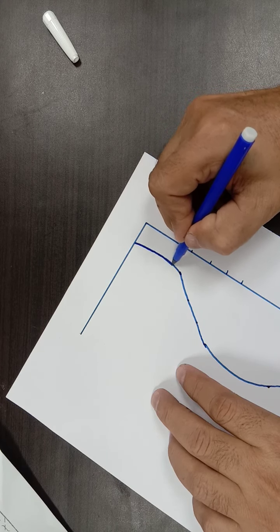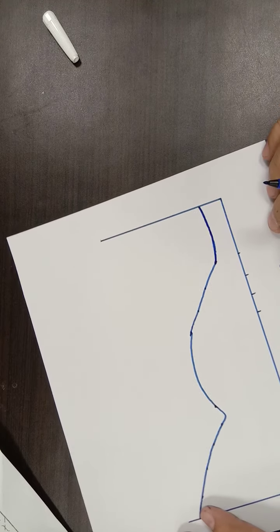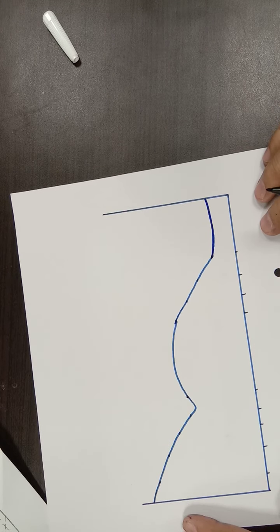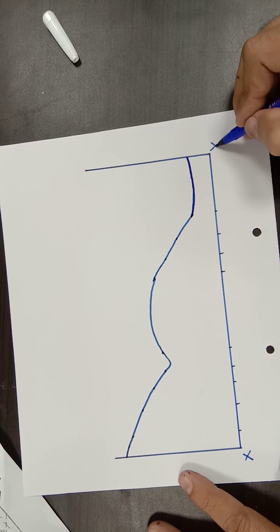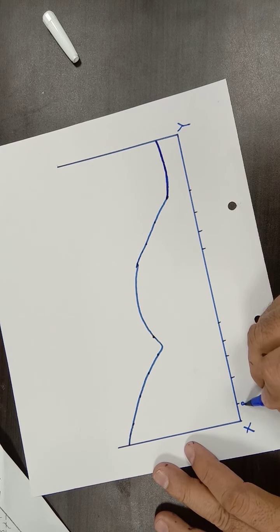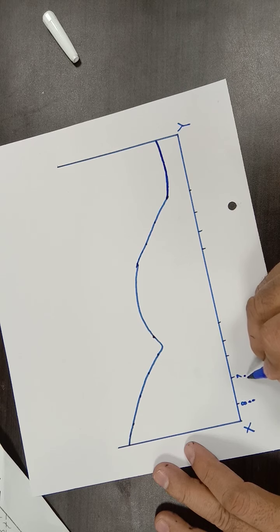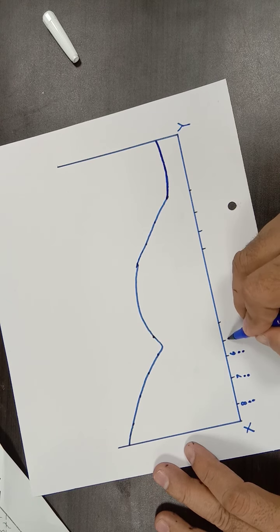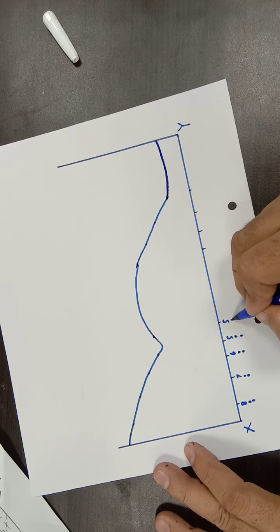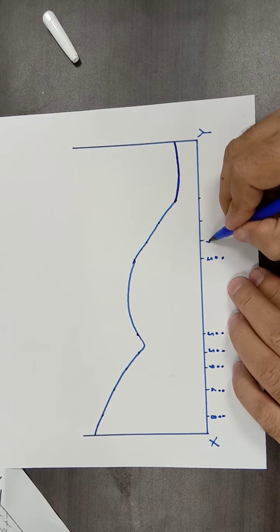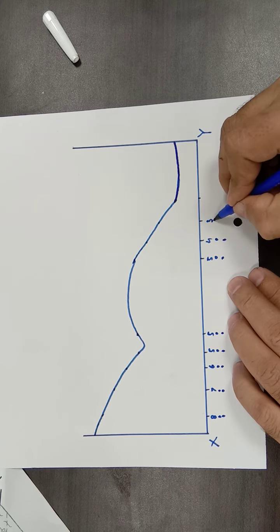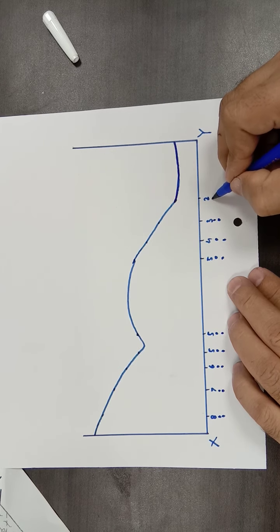You see, this is the situation here. So this is the section along XY. I have transferred the contours 800, 700, 600, 500, 500, 500, 400, 300 and 210.